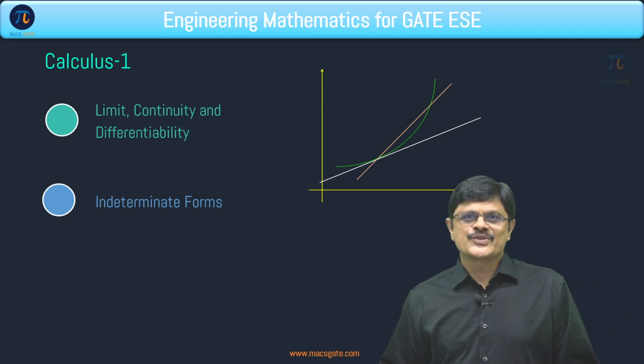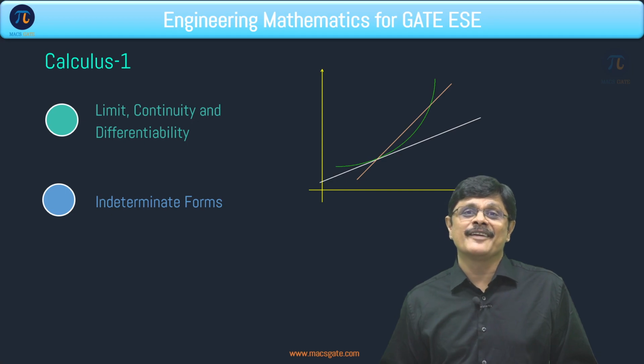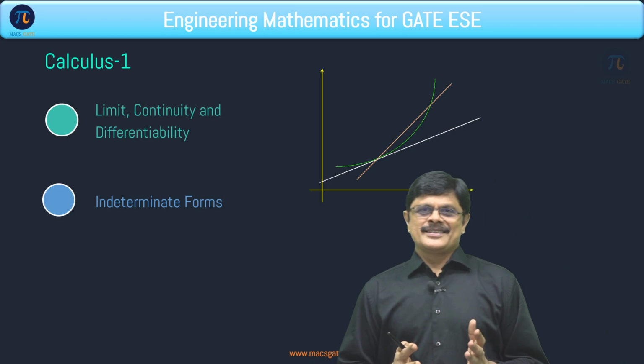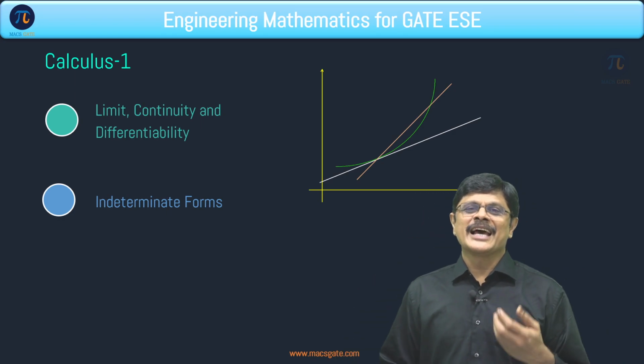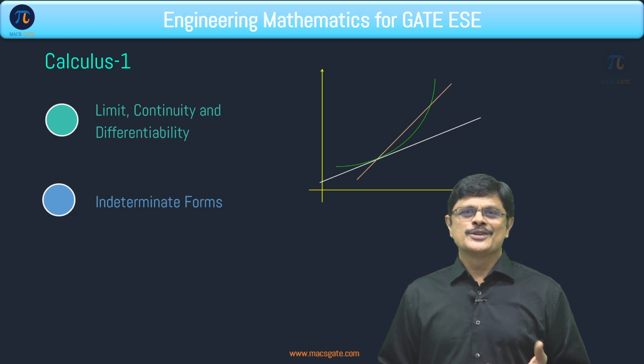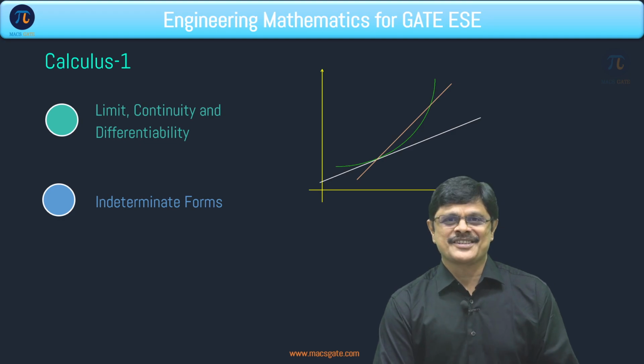Now, under calculus 1, we discuss functions of a single variable and their properties. Calculus is an important tool which helps us in knowing more about the function. So, the calculus operations help us in analyzing the functions.